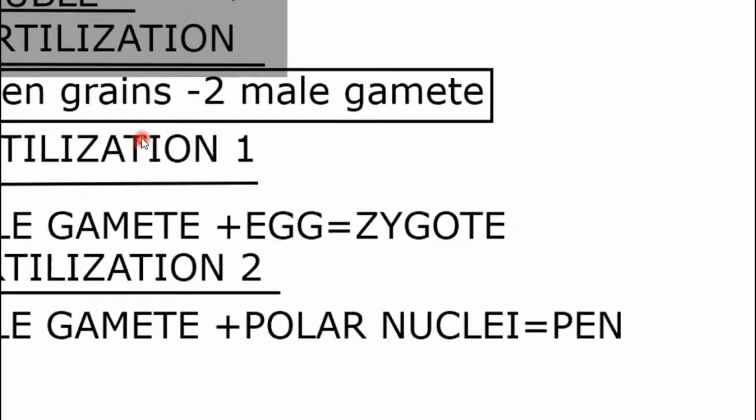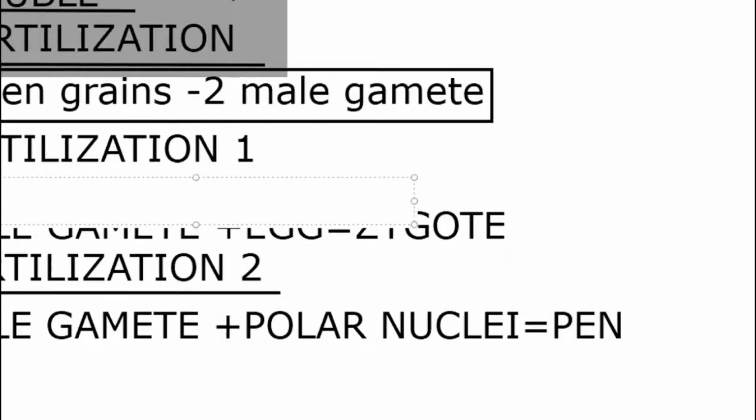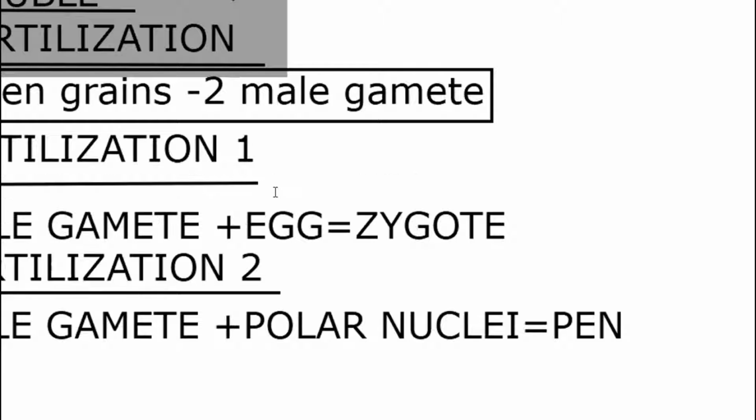Next we can see the ploidy of these structures. What about the ploidy of the male gamete? Male gamete, we have studied, is haploid. The egg is also haploid.